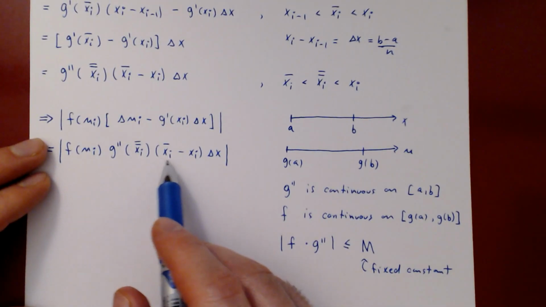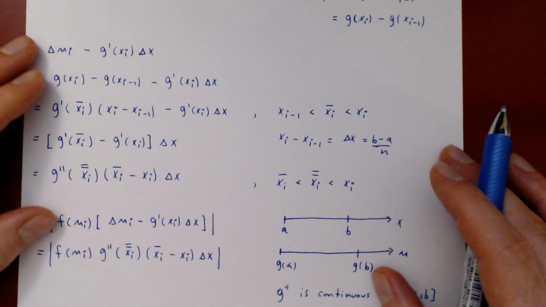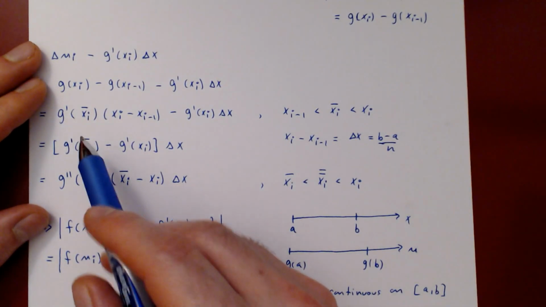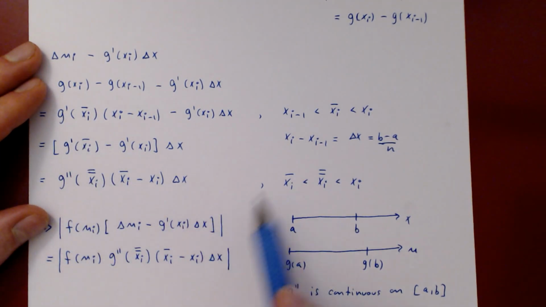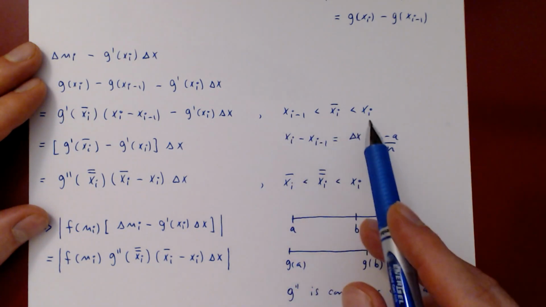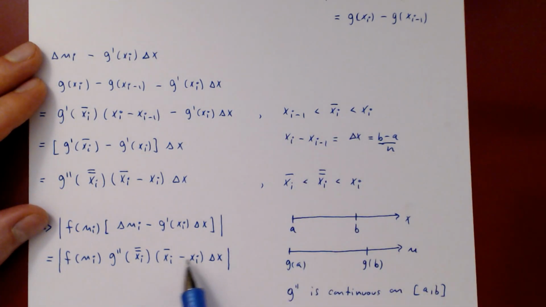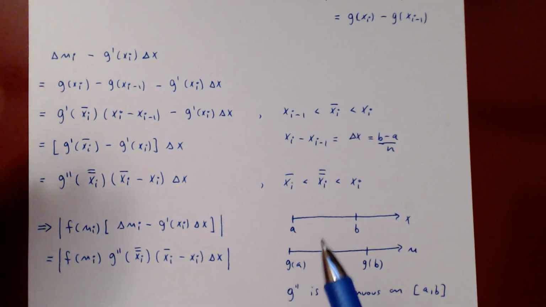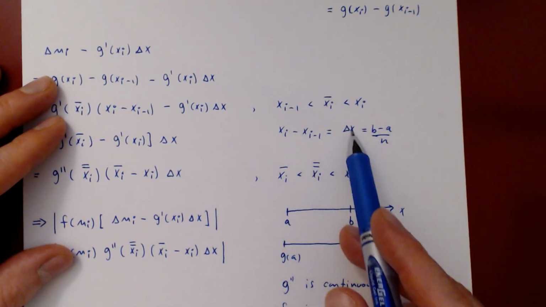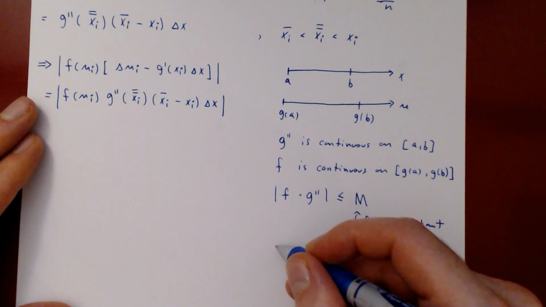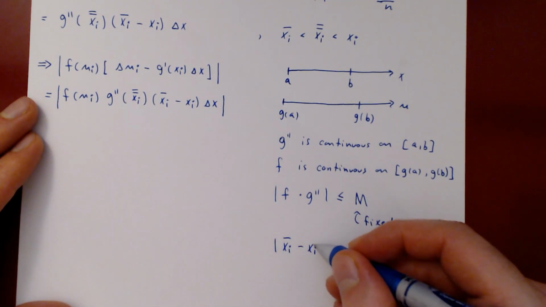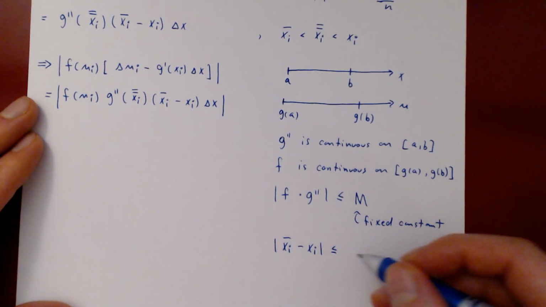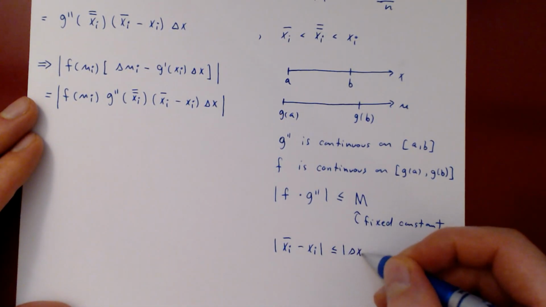And now let's pin down the size of this term, right? If we go back, both xi double bar and xi bar were in between xi minus 1 and xi. And so the length of this difference is at most the length of the full interval, which of course is delta x. So in absolute value, xi bar minus xi is at most delta x in absolute value.